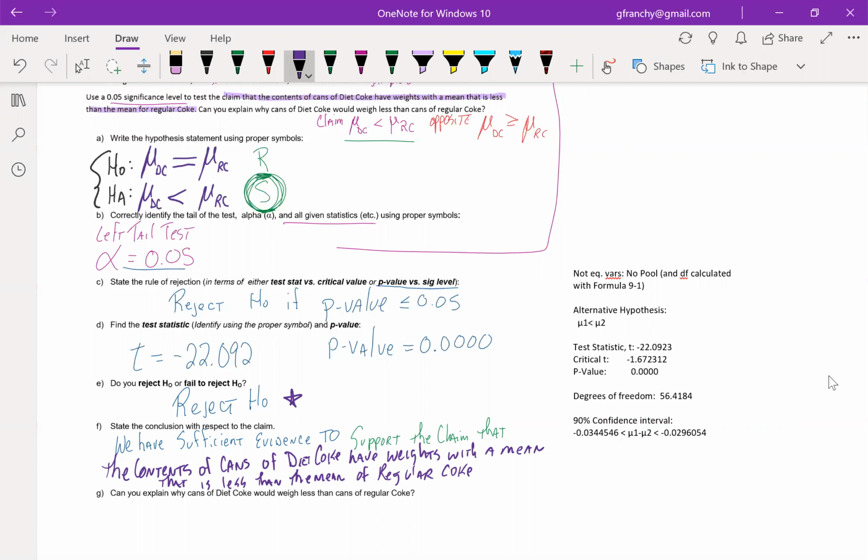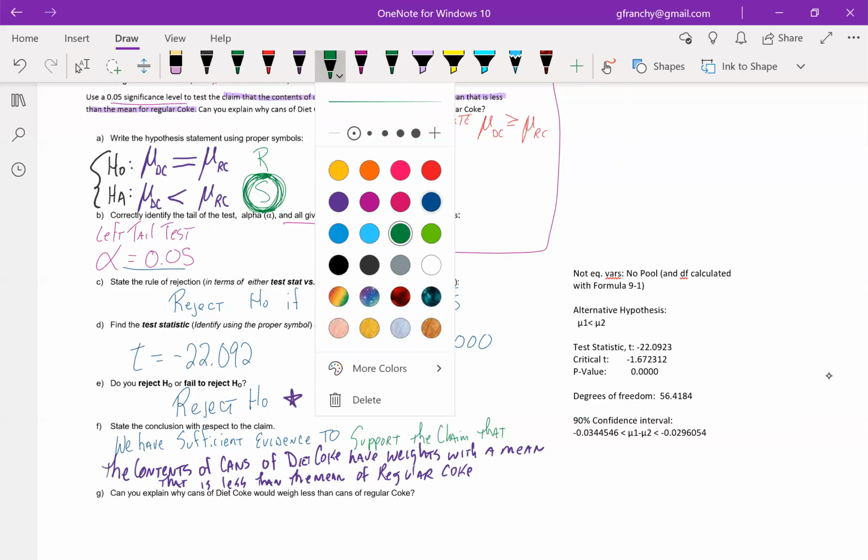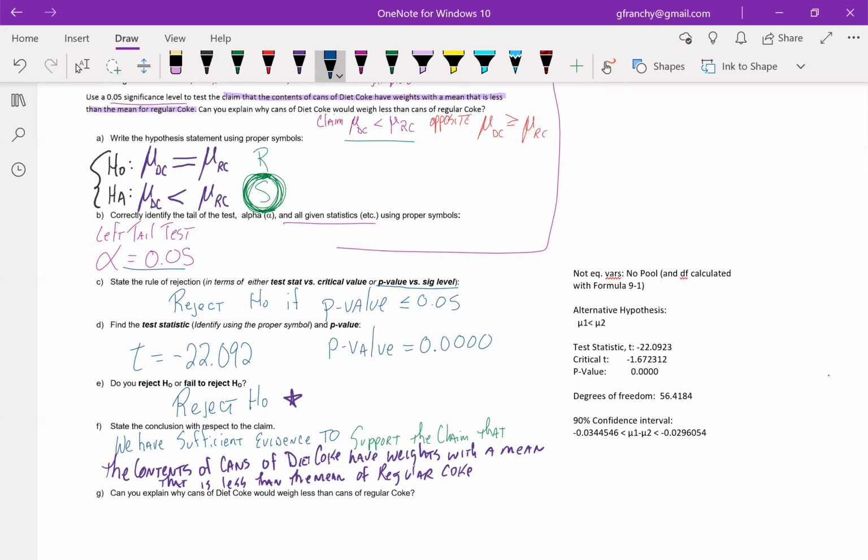Then whether you're rejecting or supporting the claim comes from which part of the hypothesis statement represents the claim. That's why we do the R and the S up there, to let us know if we're going to end up writing reject or support. And then the last piece is a literal copy paste from what the original claim was. So now that we've written that out, let's read it all the way through.